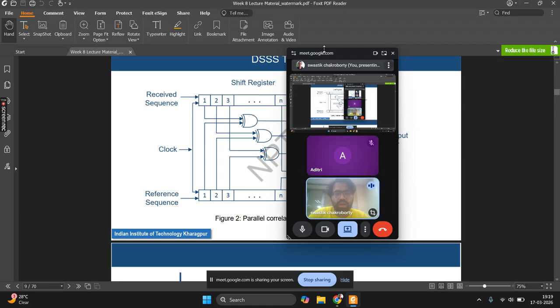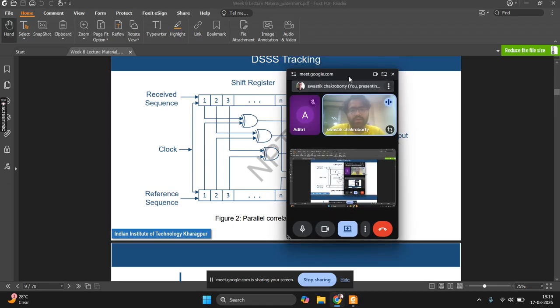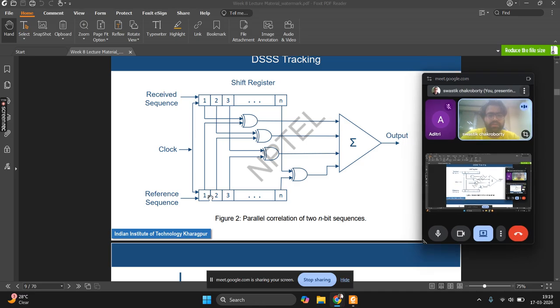In this one we are adding the PN sequence that is received with a reference sequence that we think is the reference sequence, and then we do an XOR bit by bit. If the bits are equal the result will be 0, and if they are not, it will give 1. So if we get anything non-zero in this output, meaning there is one or more ones here, that means one or more bits are not matching.